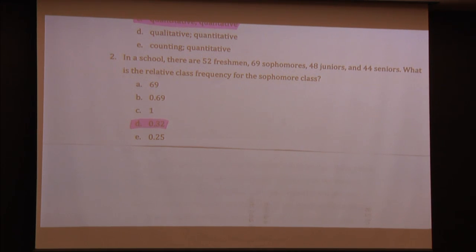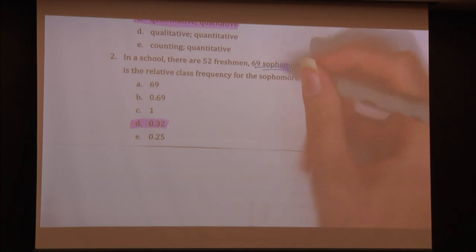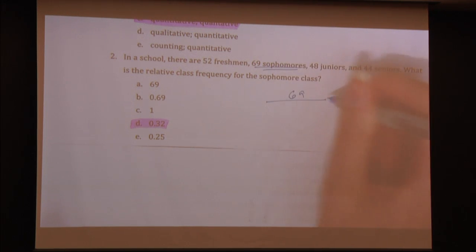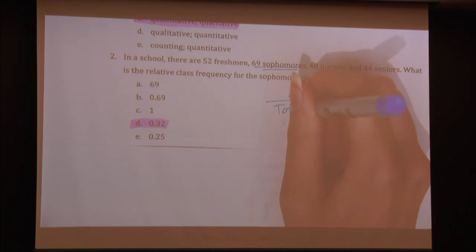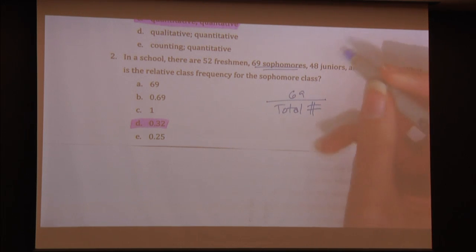So what he said, I can repeat it, so everyone can hear it, and so the people watching the stream can. What your classmates said was you take the number of sophomores, so 69, and you divide it by the total number of students for all 4 classes. And that should give you 0.32.